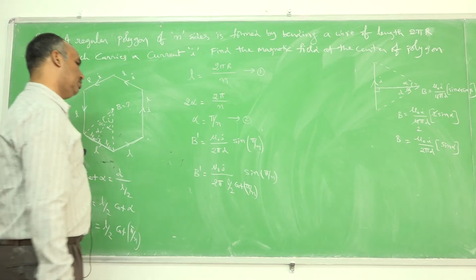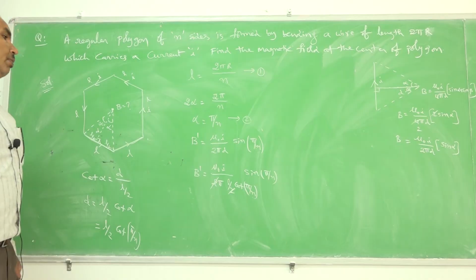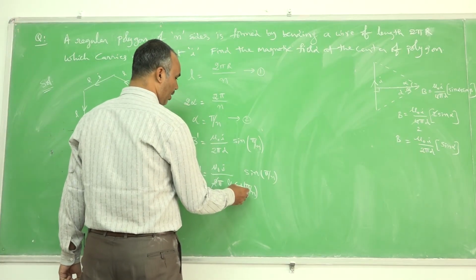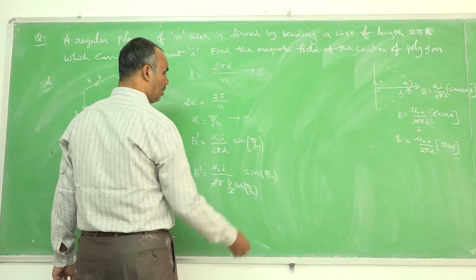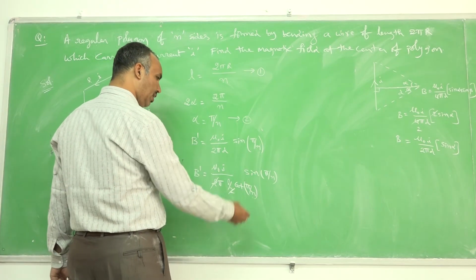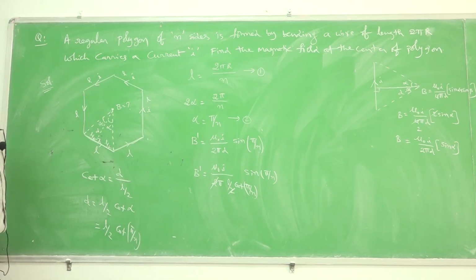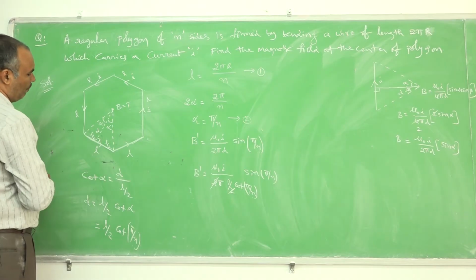So 2 gets cancelled. Cot pi by n can be written as cos pi by n by sin pi by n. You can take that sin pi by n to the numerator. It may become sin square pi by n by cos pi by n. This is the magnetic field due to a single portion.